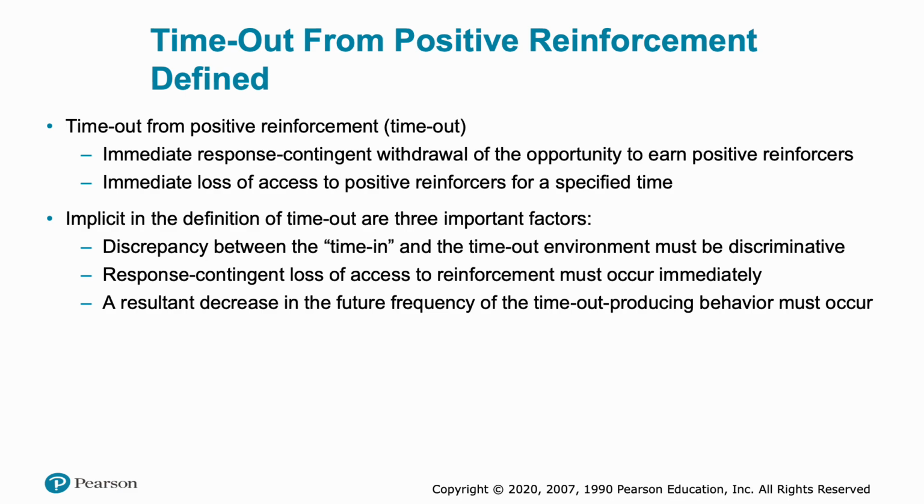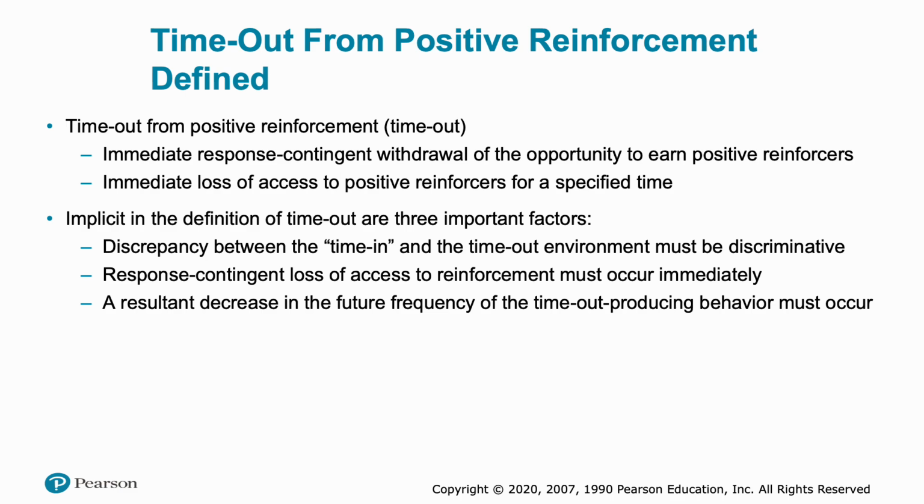That's why if you remember the term timeout from positive reinforcement, you'll be able to remember the procedure pretty easily. Because it's either you're removing access to reinforcers, or you're not allowing the person to gain access to reinforcers, contingent on problem behavior in both instances.